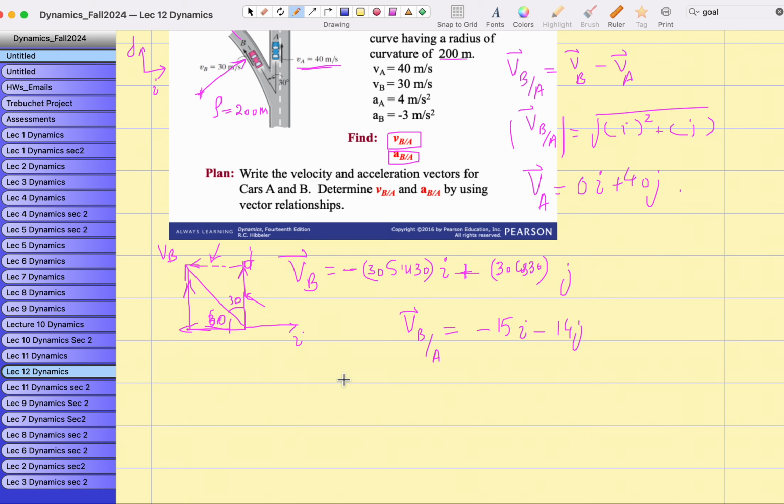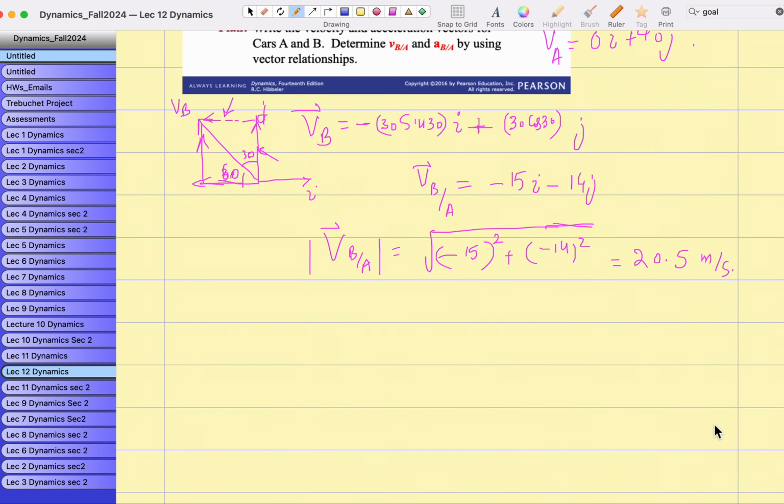So how about the magnitude formula? 20.5, and the angle, it is in the third quadrant, negative 15 and negative 14, correct?